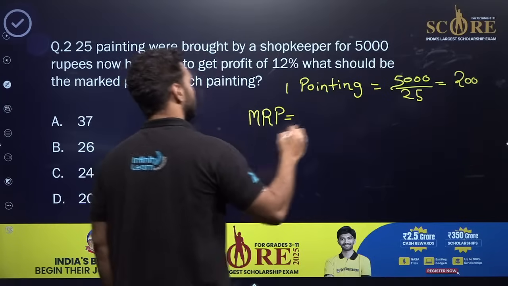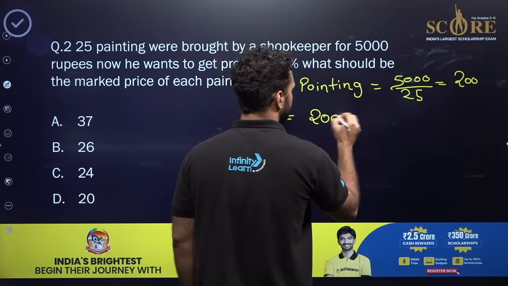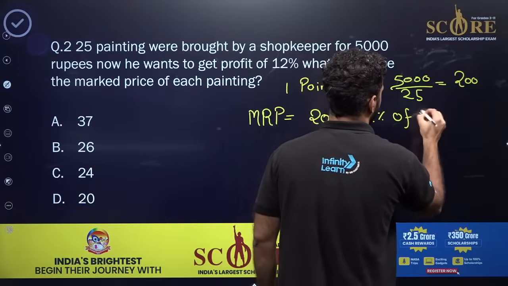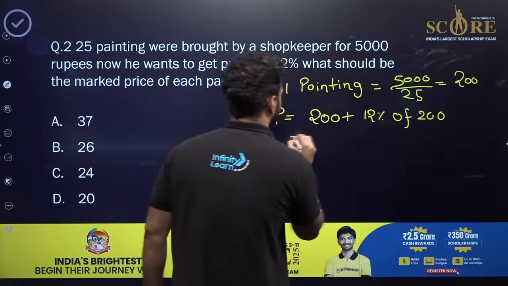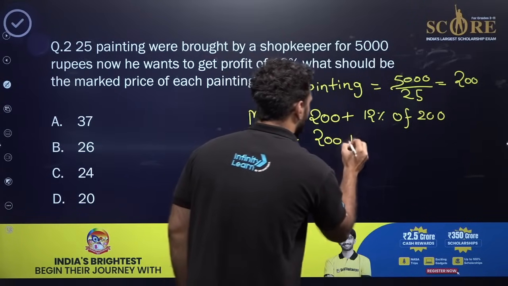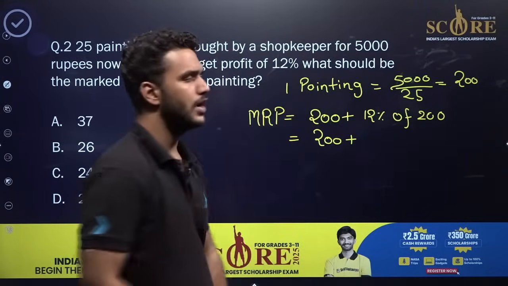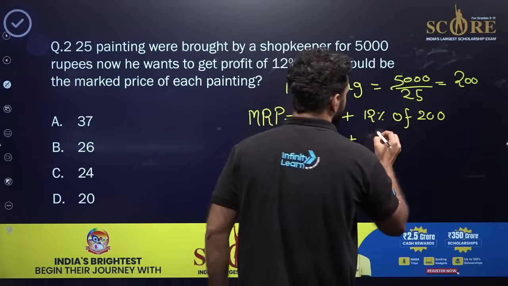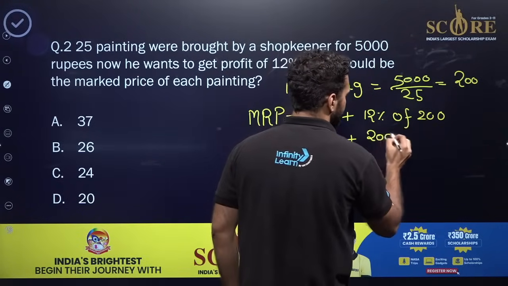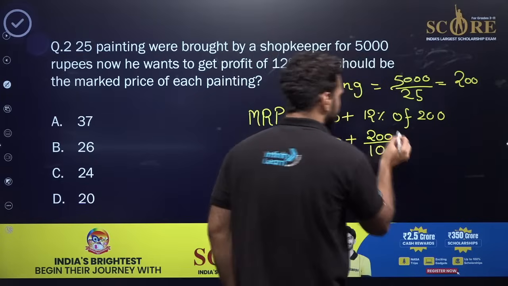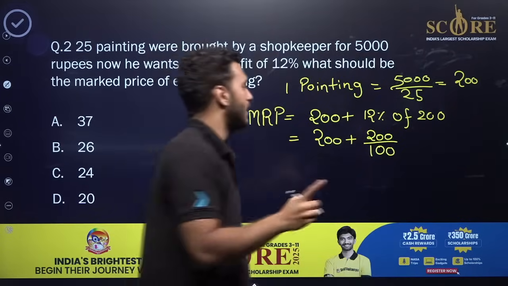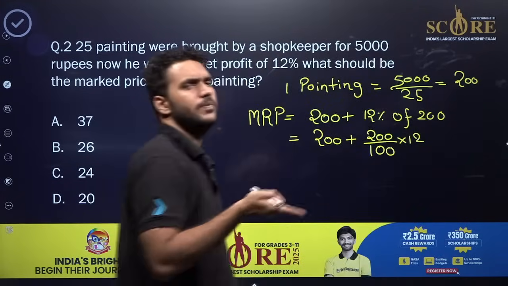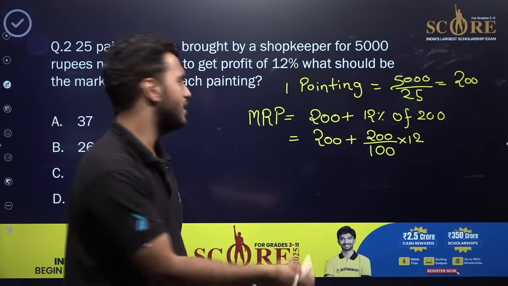This should be equal to 200 plus 12% of 200. Okay, 200 as it is. What they need is 12% of 200. You told us that to find 12% of something, just divide the value by 100. This value will be equal to 1%. And now you want 12, so multiply it by 12.